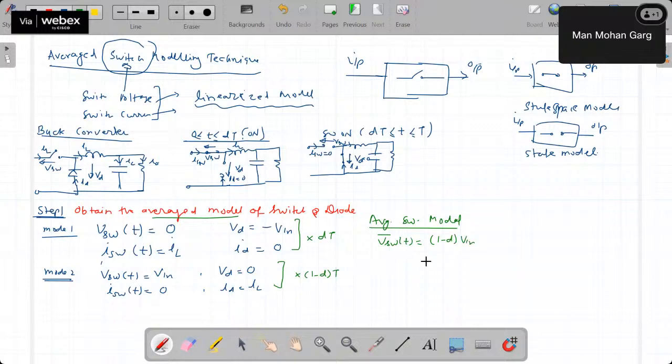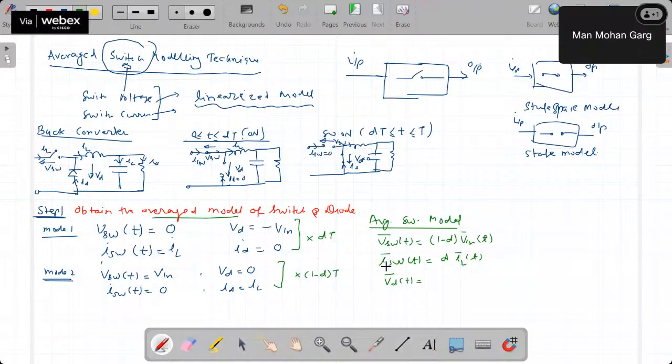What about the ISW average? ISW average will be D into IL average. What about VD average? Obviously, as of now, all these are functions of time.